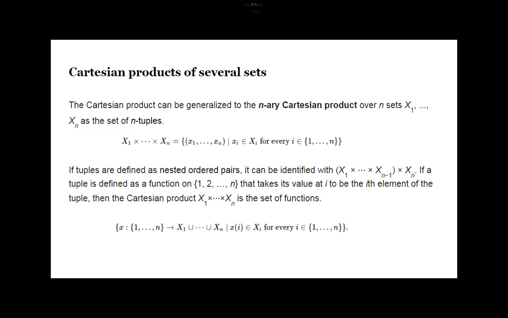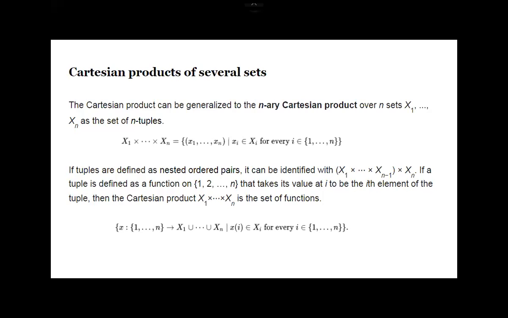Suppose small x1 is there, it belongs to capital X1. Small x2 is there, then it belongs to capital X2. And if small xn is there, it will be part of capital Xn. That is nothing but the Cartesian product of several sets.